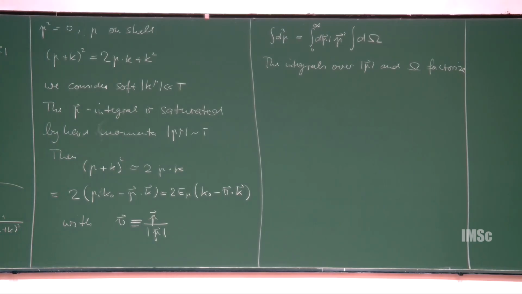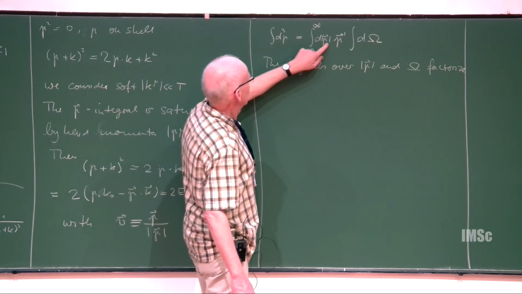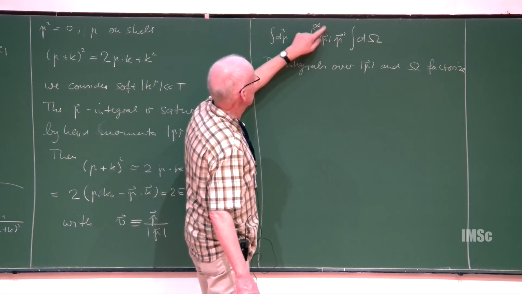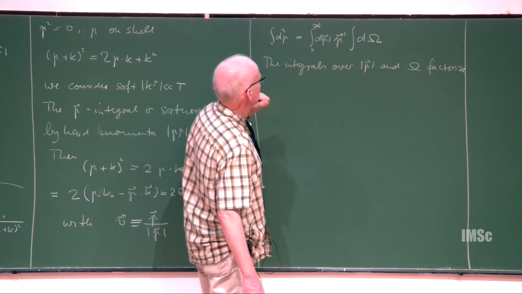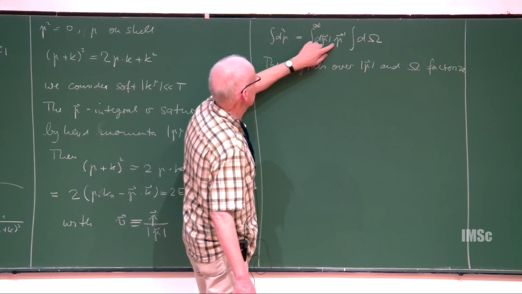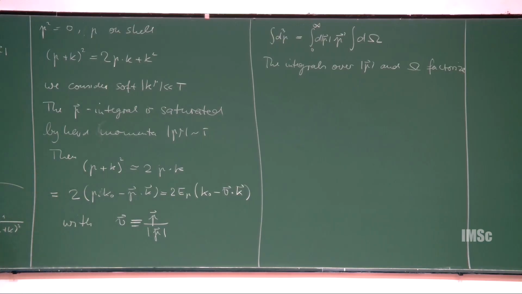Now the integral over p we can do. The only dependence is on energy, so we integrate over the energy, and then we have the Fermi-Dirac distribution and only this dependence on p squared, and this integral we can do. And this gives us something proportional to T squared.